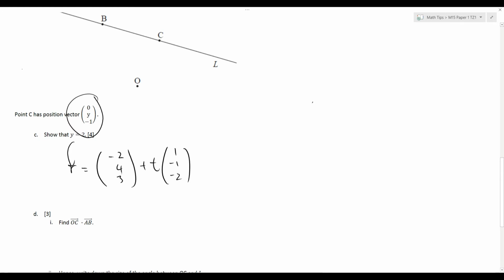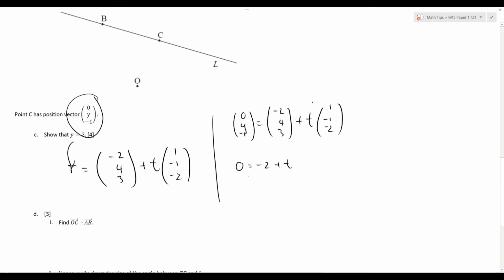What we're going to get is (0, y, -1) equals (-2, 4, 3) plus t(1, -1, -2). So we get 0 equals -2 plus t, y equals 4 minus t, and -1 equals 3 minus 2t.